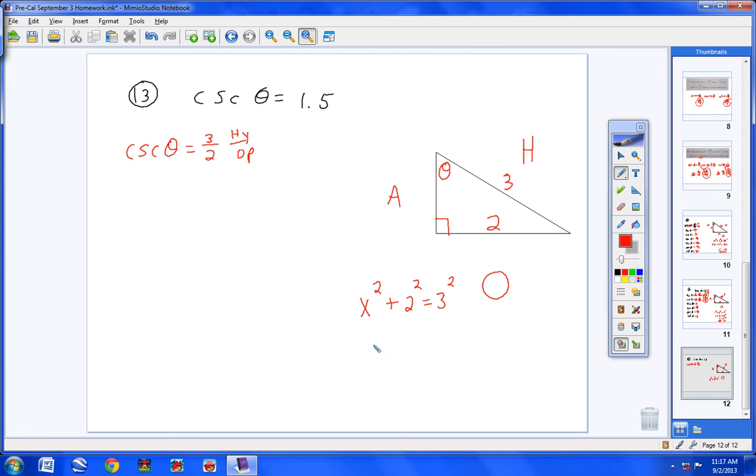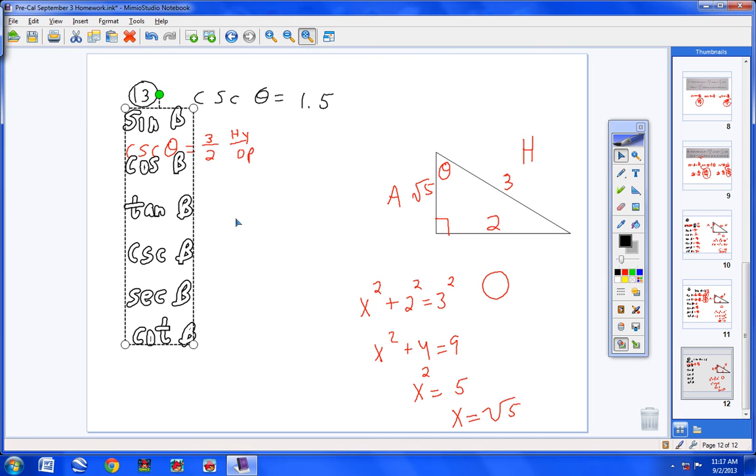Well, x squared plus 4 equals 9. Subtract 4 from both sides. x squared equals 5. Take the square root of both sides. The square root of x squared is x, and the square root of 5 is square root of 5. So now I found my missing leg, square root of 5. You've got to know how to use Pythagorean's theorem.